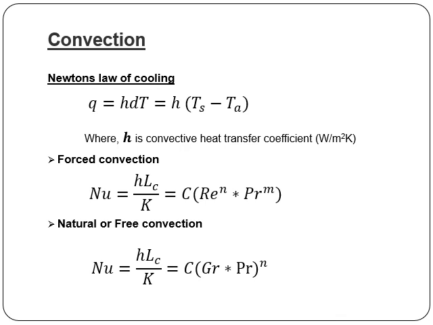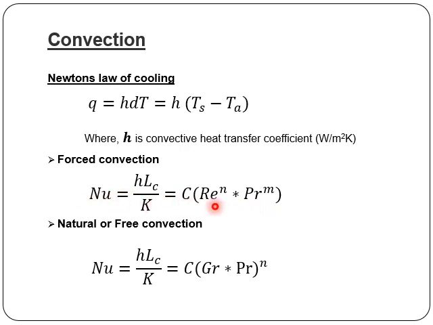So there are some correlations which are used for obtaining heat transfer coefficient. So three dimensionless numbers are used for obtaining heat transfer coefficient in forced convection. They are Nusselt number, Reynolds number, and Prandtl number. So these three dimensionless numbers, that is Nusselt number, Reynolds number, and Prandtl number, they are calculated using the mathematical expressions which we will be covering in the next slides.